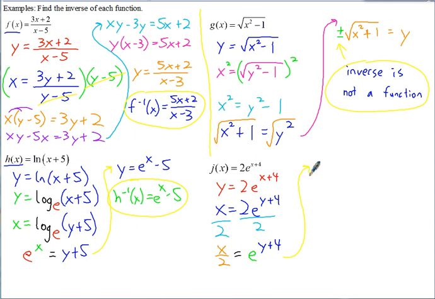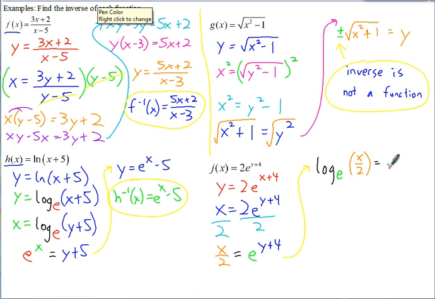And now switch it to log form. So in log form, that would be the log, the base is e. What goes inside the log is x over 2. And that equals the exponent y plus 4.